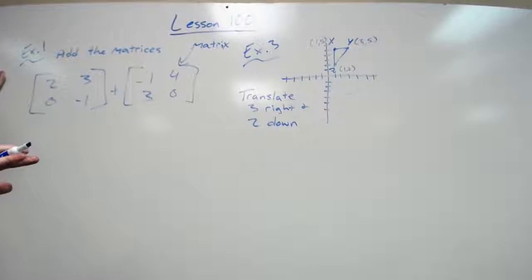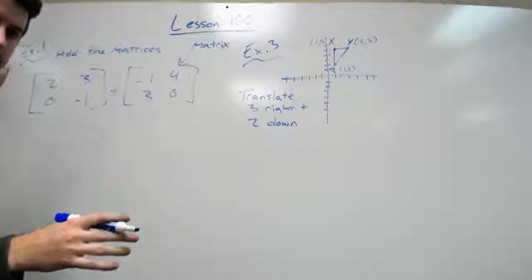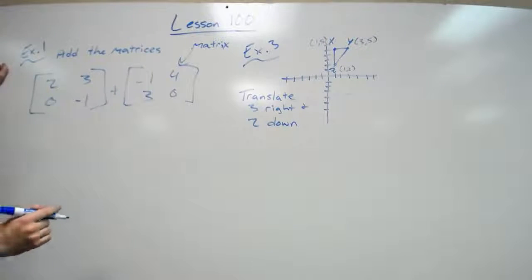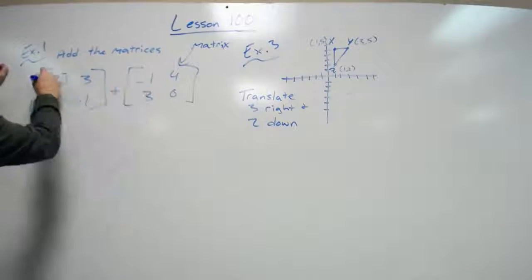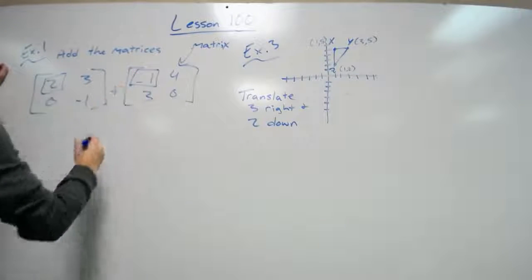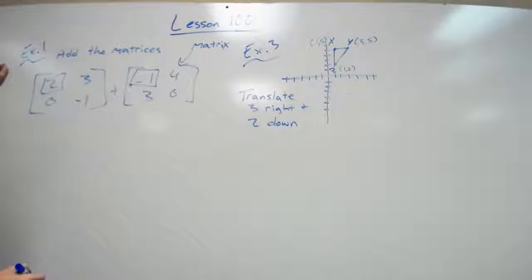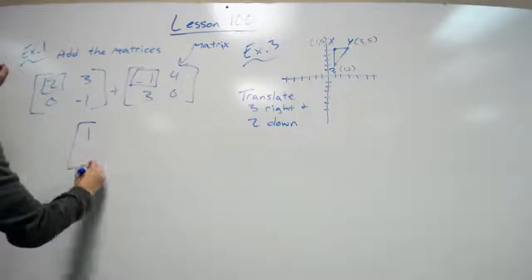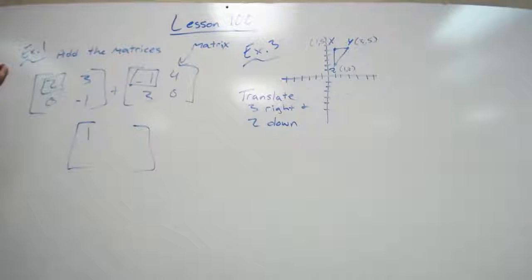Literally all you do when you add the two matrices together is you take the corresponding numbers, such as the top left of 2 and -1, and you add them together. So 2 minus 1, that's 1. So in my new matrix that I'm creating, 1 is in my top left corner.